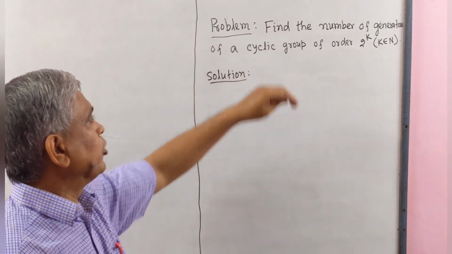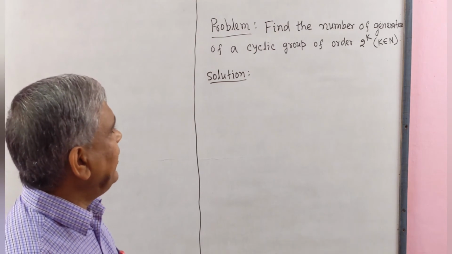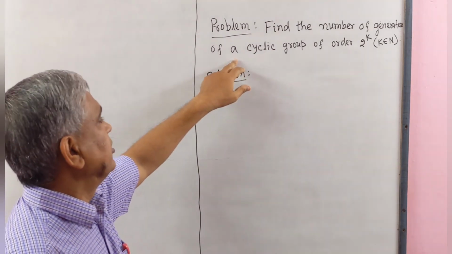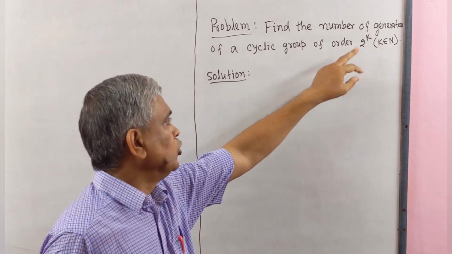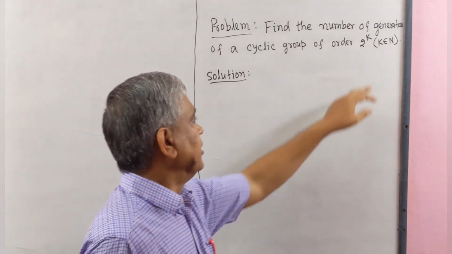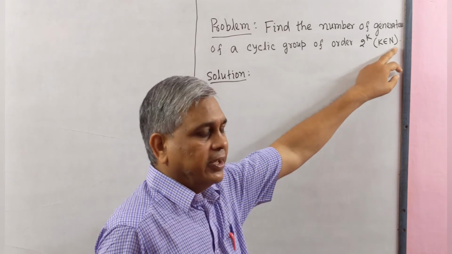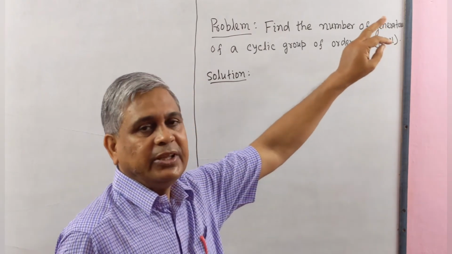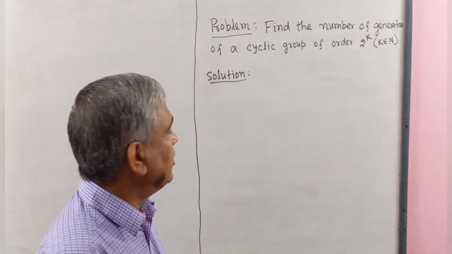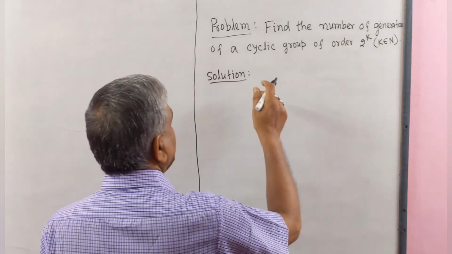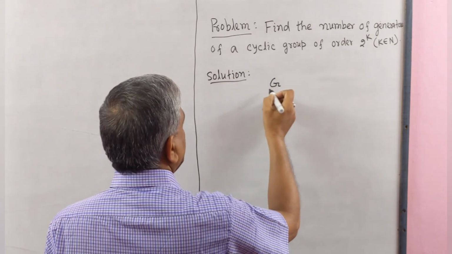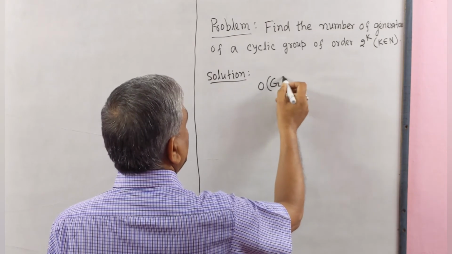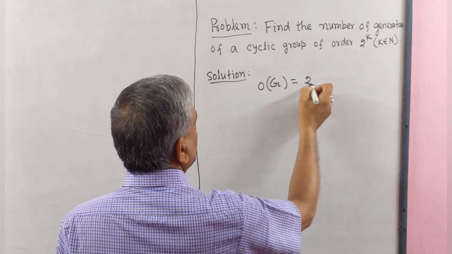Now we solve a problem. Find the number of generators of a cyclic group of order 2 to the power k, k belongs to N, where capital N is the set of natural numbers. Here given that G is a cyclic group such that order of G equals 2 to the power k.